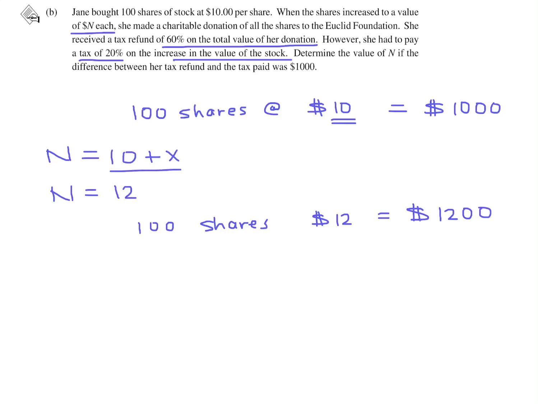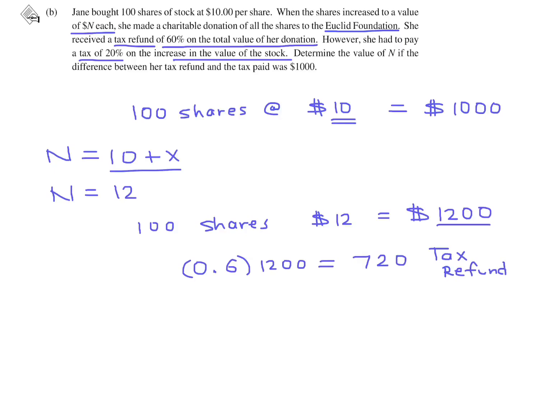She then donates all of this to the Euclid Foundation, right? But she gets a tax refund of 60% of that donation. So 60% of this, which is 0.6 times 1,200, is her tax refund, and that is $720. So this is her tax refund.